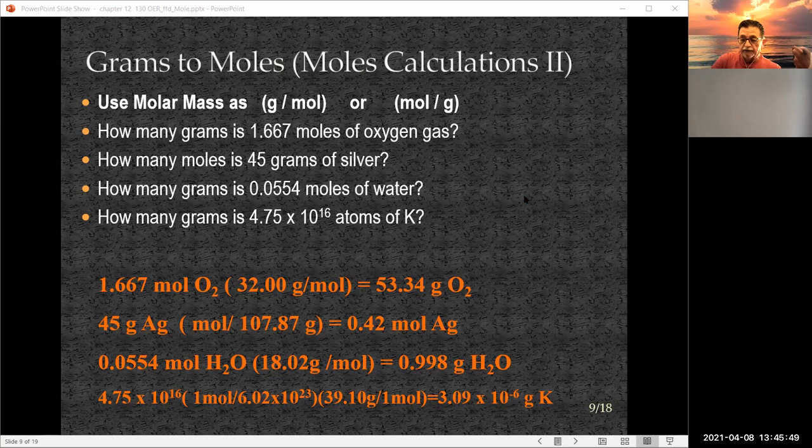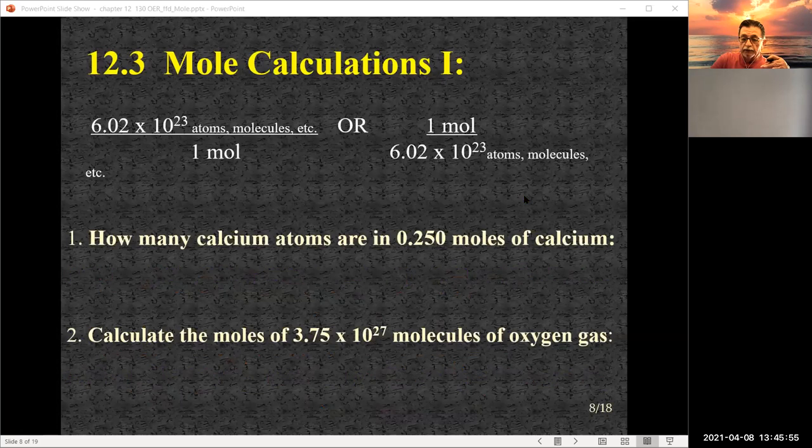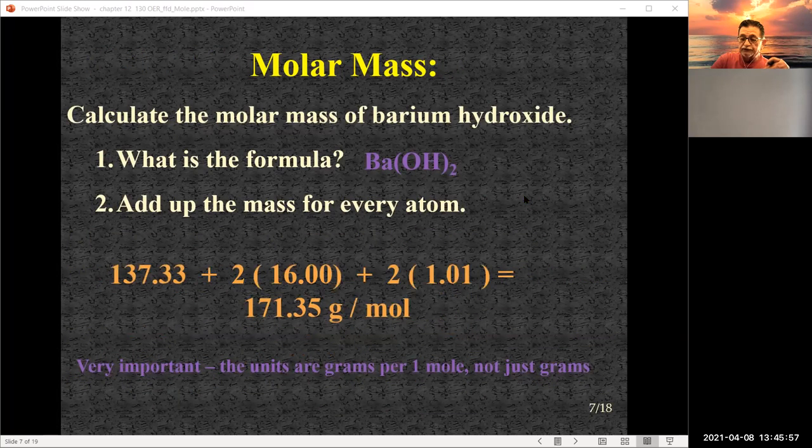Now, if you just figure out the formula like we've been doing, like we did barium hydroxide, first write out the formula, the ions, put them together properly in the right ratio. Once we do that, add up the atomic weights for every atom that contributes to the compound, and that gives you the molar mass, regardless of how big it is.